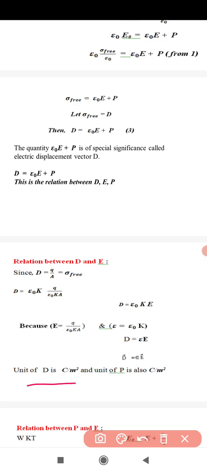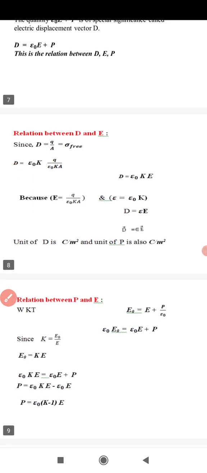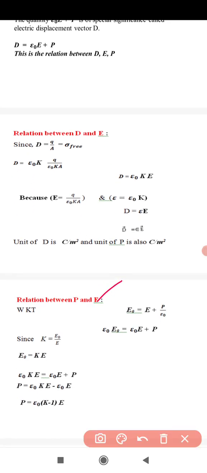The unit of the electric displacement vector D is coulomb per meter square, and polarization also has the same unit. Next we see the relationship between the polarization vector and the electric intensity. Already we know the relation: E naught is equal to E plus P divided by epsilon naught. Multiply this by epsilon naught on both sides.